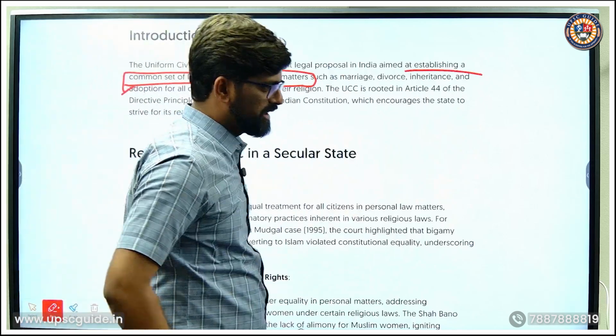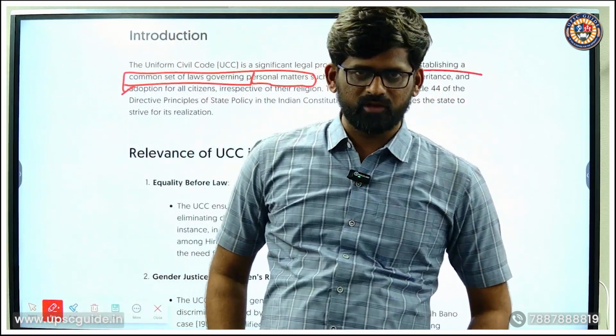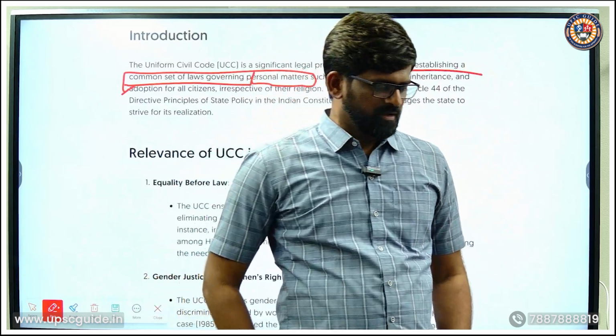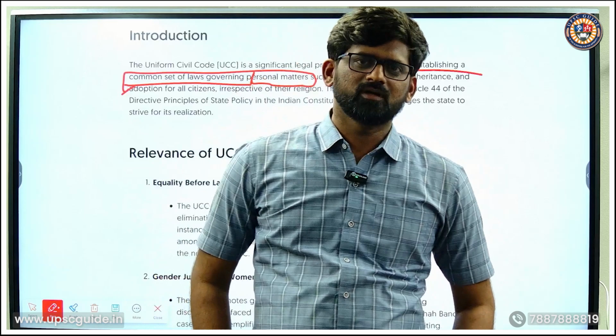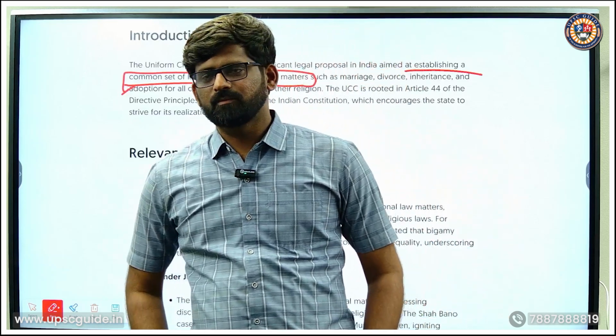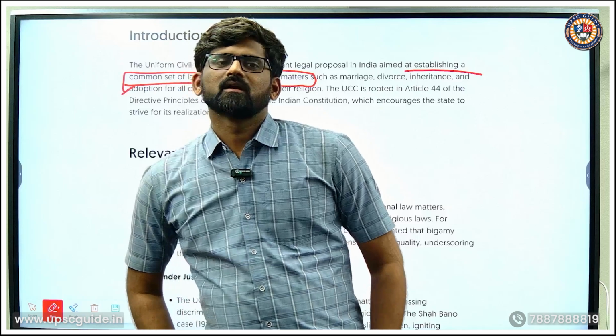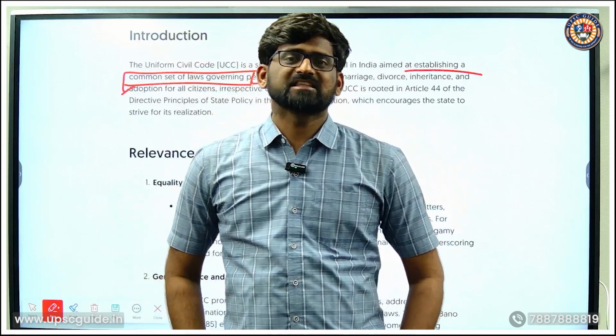We know that in India, the criminal laws are common for everyone. That we know, CrPC and IPC are there. Irrespective of your religion, your criminal activities will be dealt with by the same laws. However, considering we are a secular state, there is no uniform civil law.